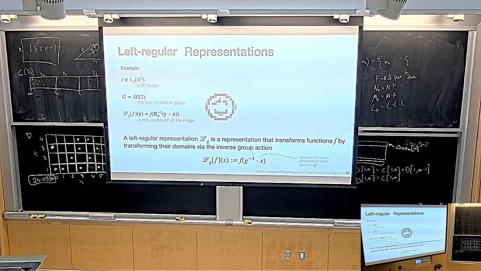So if I want to rotate the image by 90 degrees, what I actually do mathematically is take the input to the function, which is a 2D coordinate, and rotate all the inputs to the function. That's how you rotate the image. The image is rotated by taking the input to the function that is defined on R2 and rotating that input.